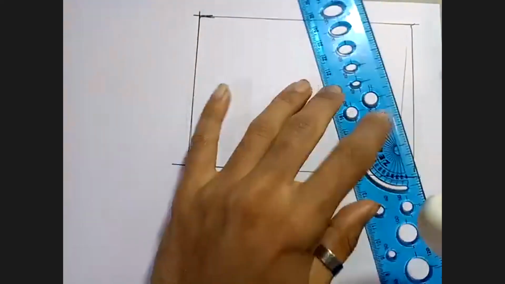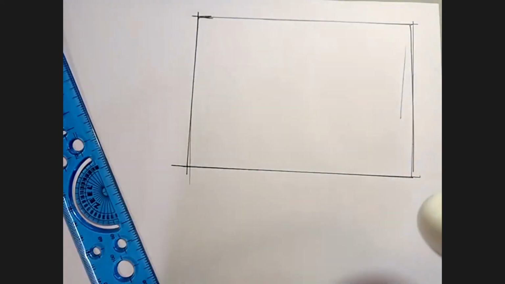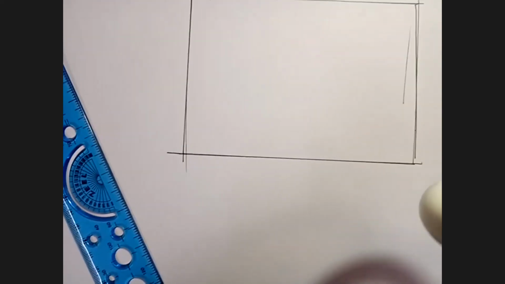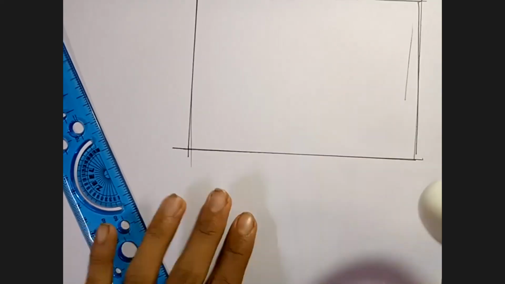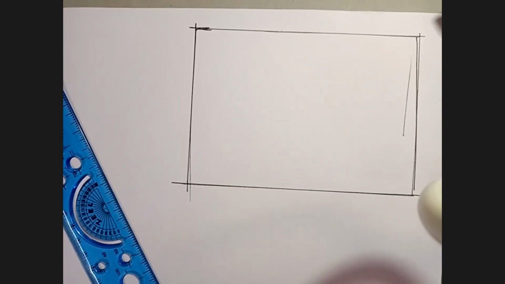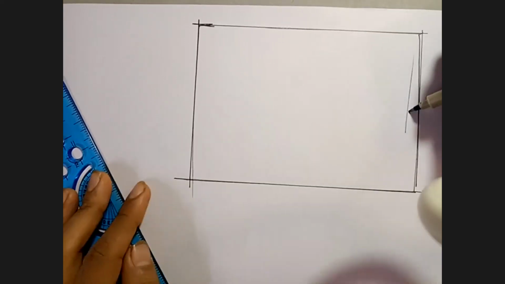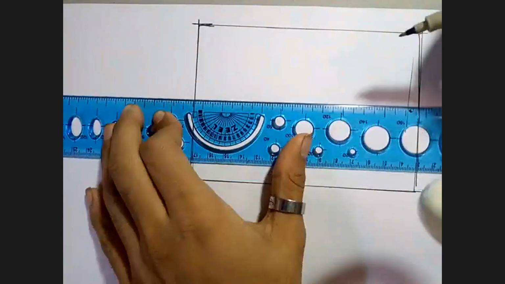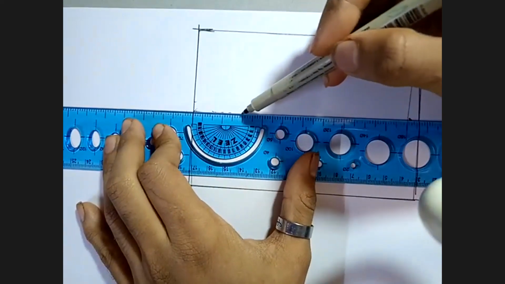We have a picture frame here. To represent the corridor, it makes more sense for me to set this vanishing point towards the end here.